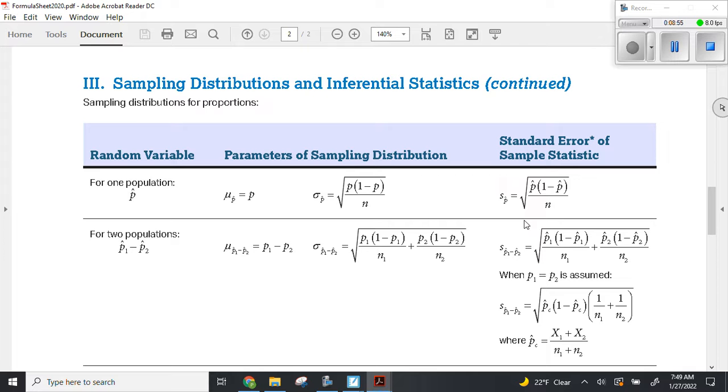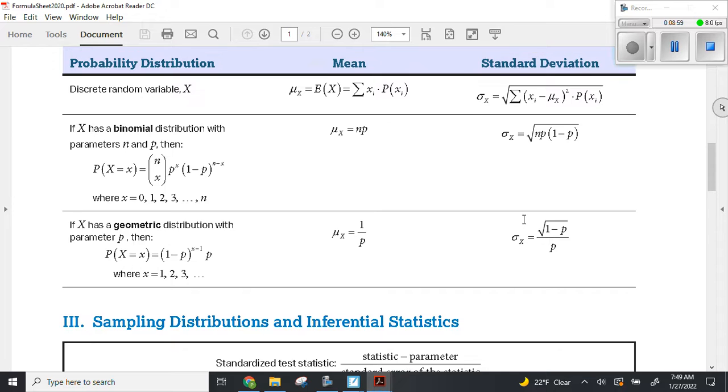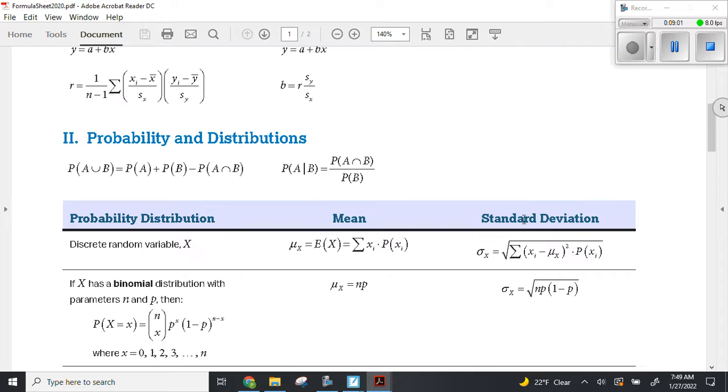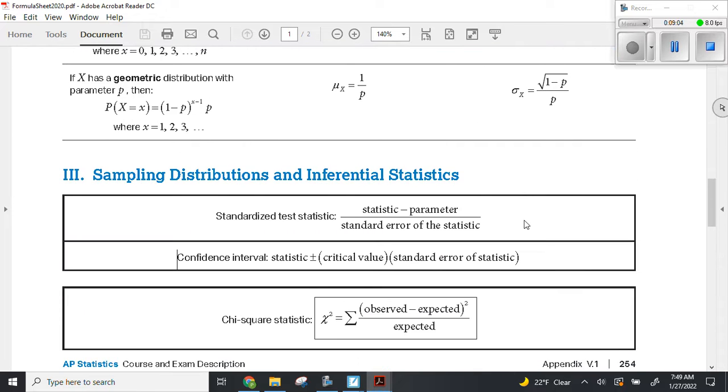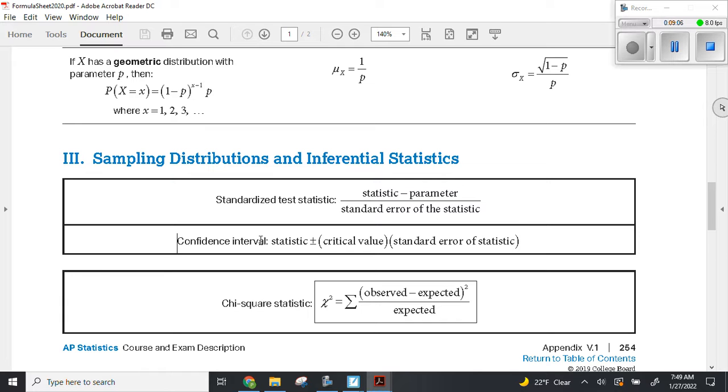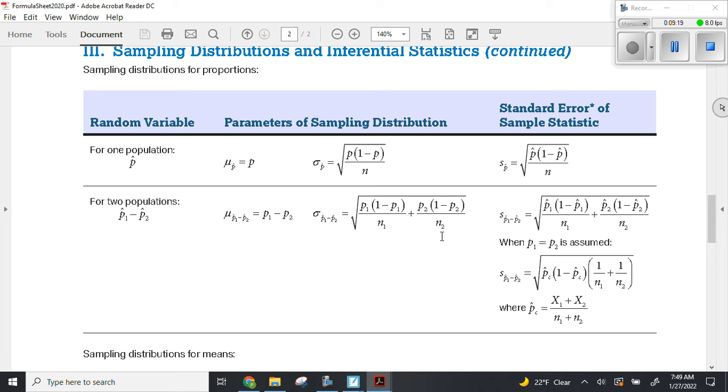And then you do have to know how to get your critical values. So you'll have some sample statistic, in this case, p hat here. Critical value will be the Z star value that corresponds to whatever confidence level you have. And in this case, the standard error is going to be this standard error that we find here for a sample proportion.